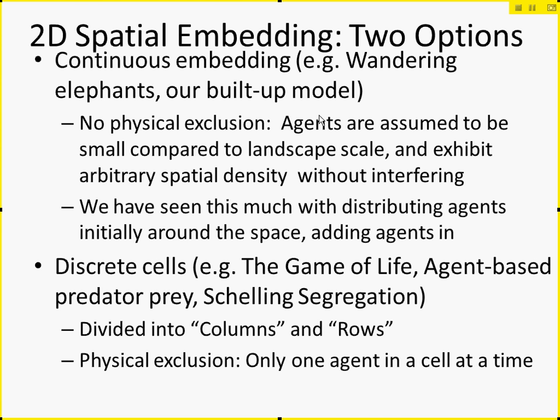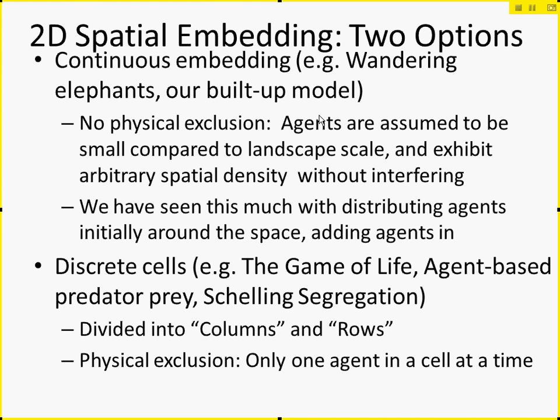The alternative is a situation where we have a discrete spatial environment. We have discrete cells, and each cell holds 0 or 1 agent. There's mutual exclusion. The cells tessellate the space. In other words, they're spatially exhaustive. They completely cover the space, and they're mutually exclusive. For any given point in the space, there's exactly one cell that covers it.